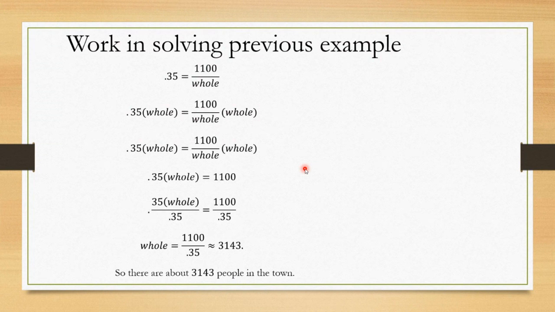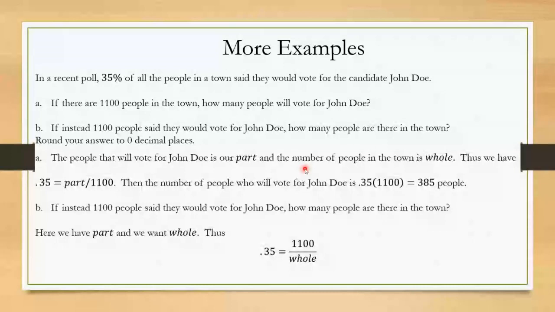And why wouldn't it be the same answer if you're just cross multiplying in both cases? Because in the other case, part was unknown, as you can see over here. So part would basically take the role of the 1,100, and whole is the unknown here, the denominator.